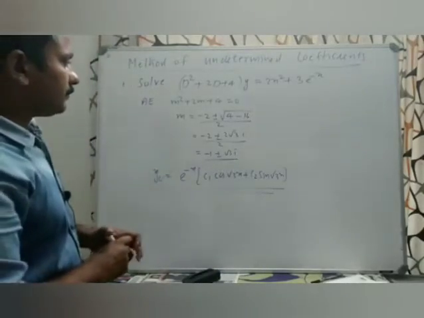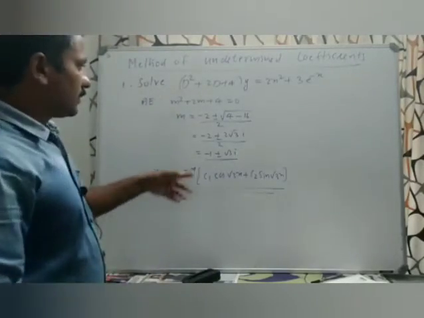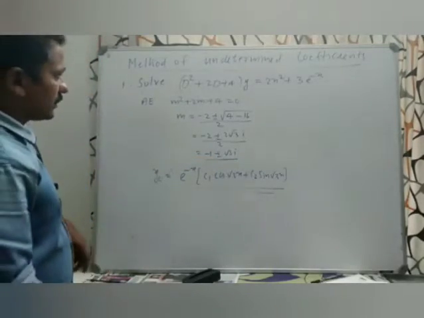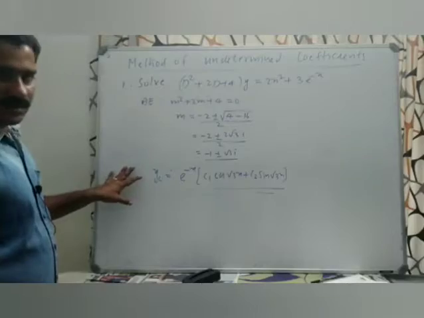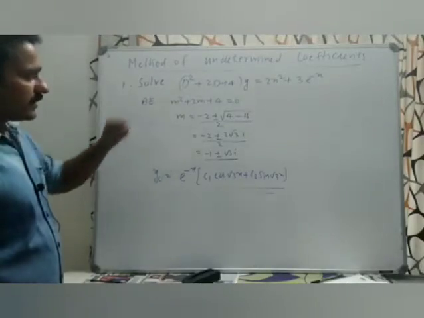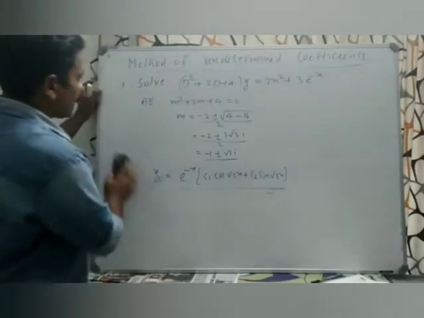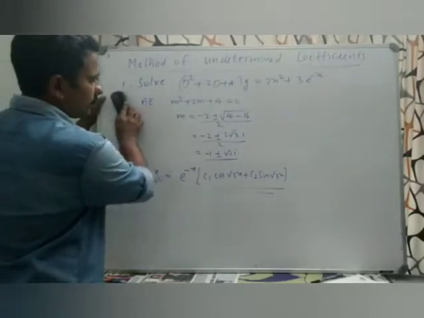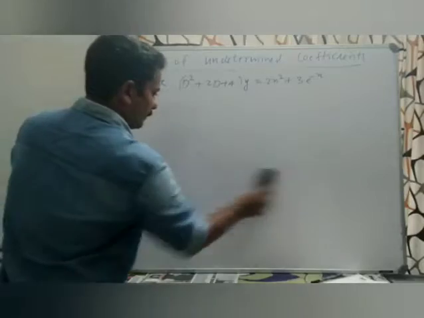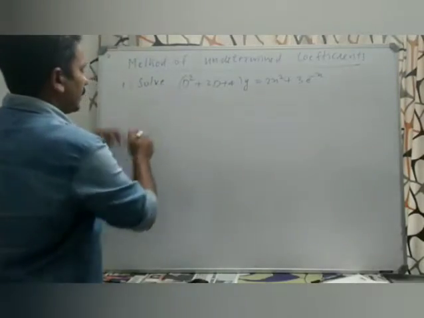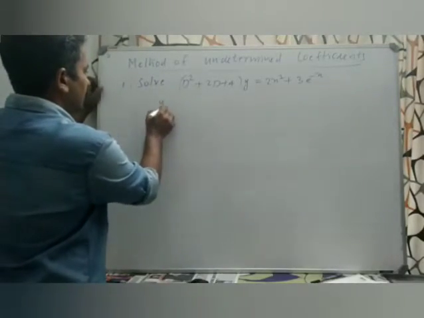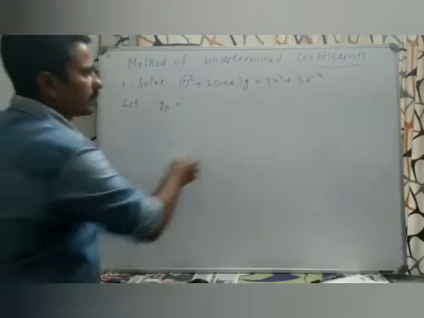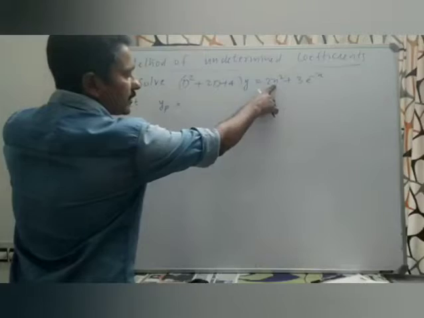Okay, so this is the complementary function. Right, so I'm going to erase this and let's see what the particular integral is. For the particular integral, let the particular integral be, this one is a second degree equation.